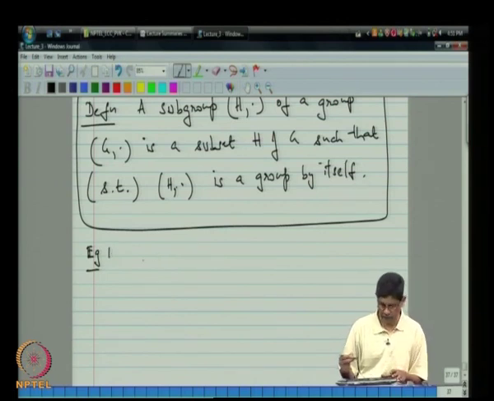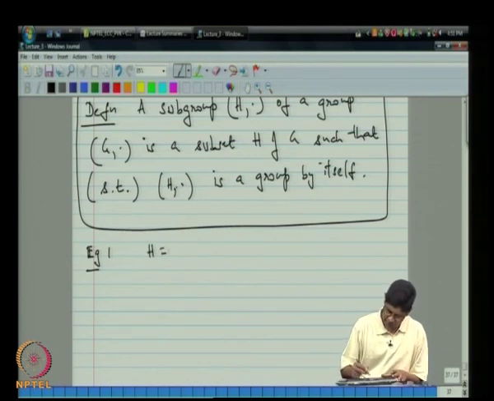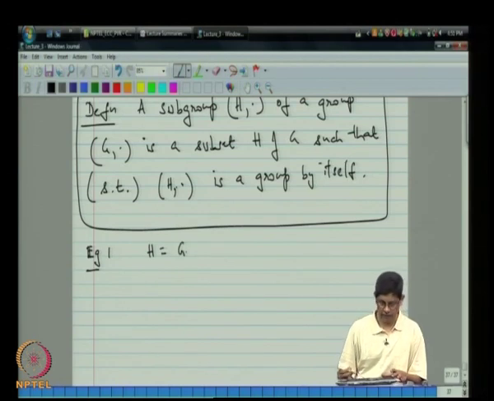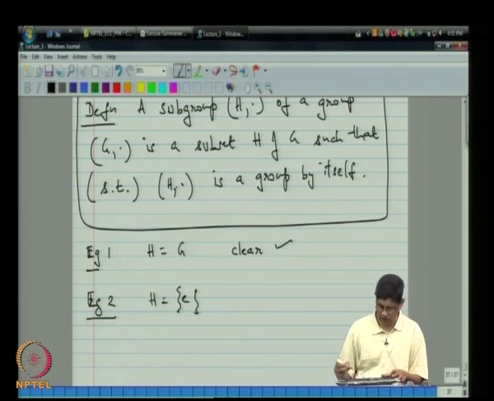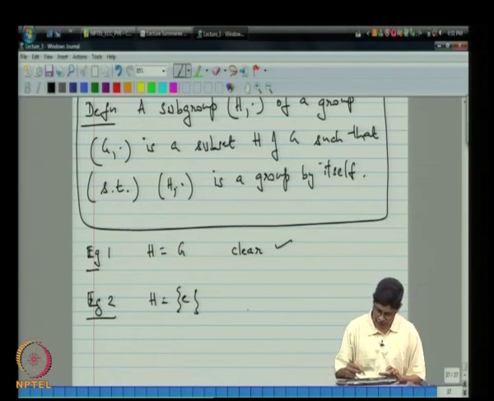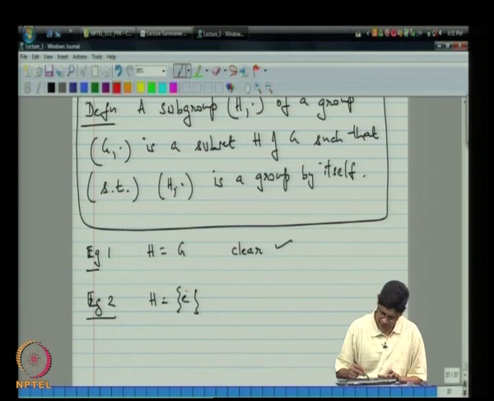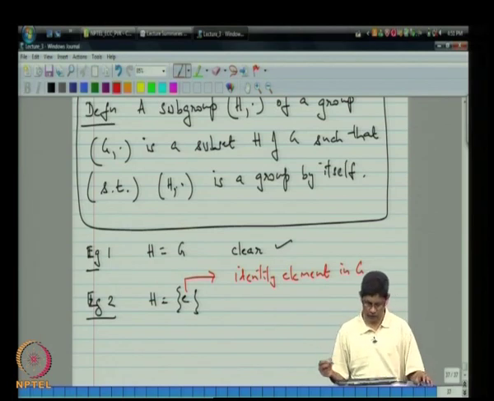The first two examples are trivial examples. The first is H equal to just the group itself. That is clearly a subgroup. The second example is the case when H is a set that consists of only the identity element of G. So, here E is the identity element in G, okay.